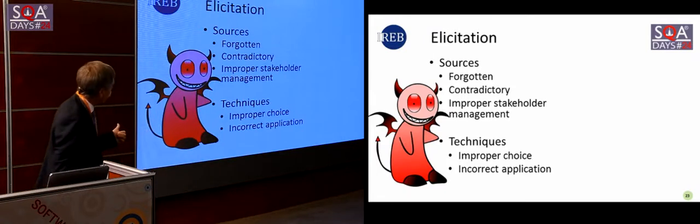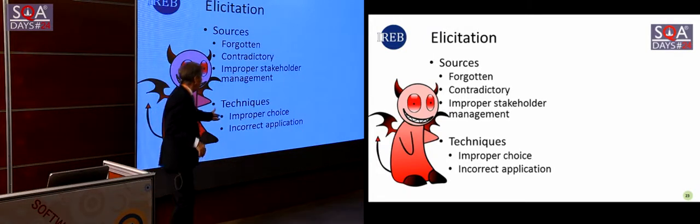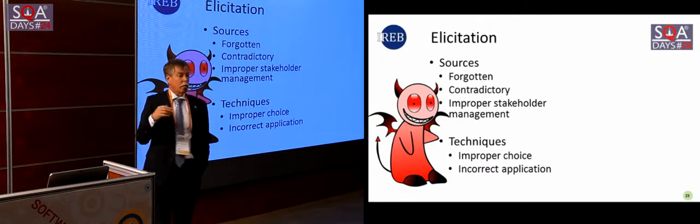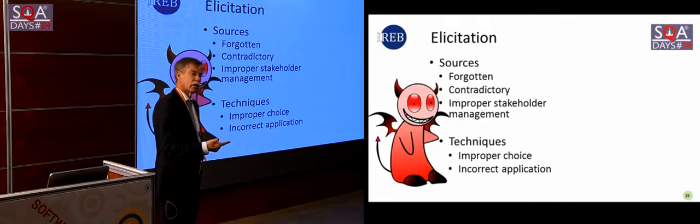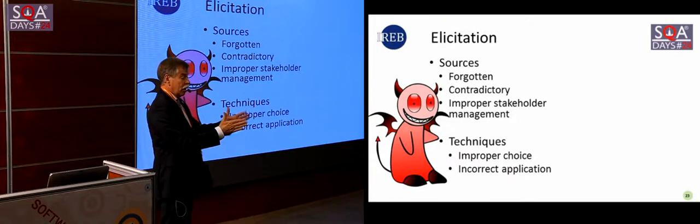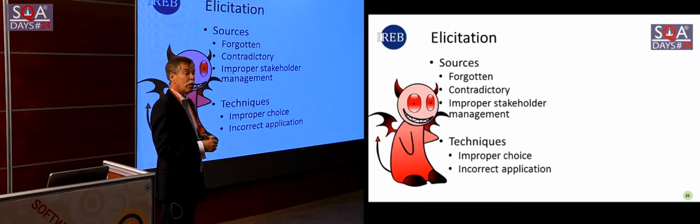Well, techniques can go wrong. You can choose the wrong technique, for instance. If you do questionnaires on a very small group of stakeholders, it's a waste of time. You could go there and ask them questions.